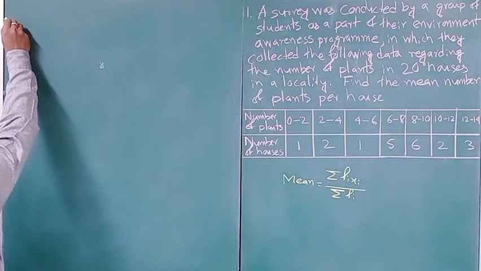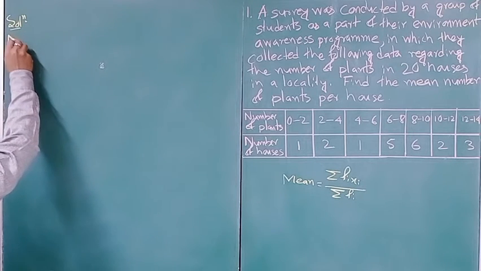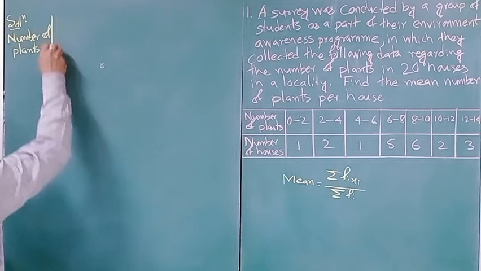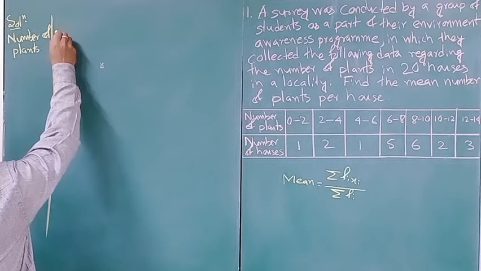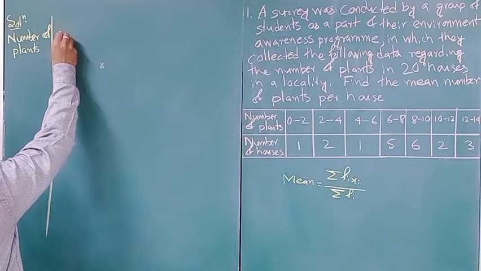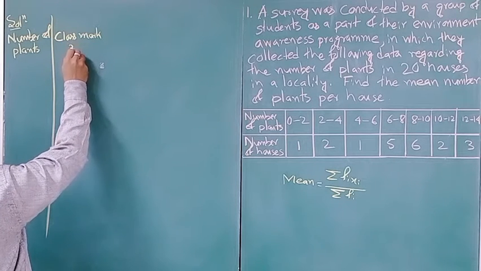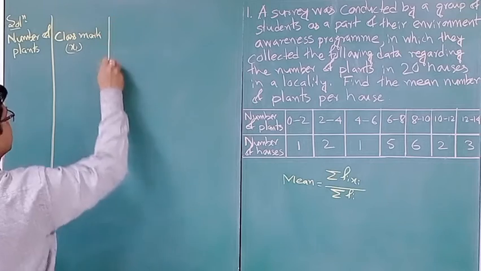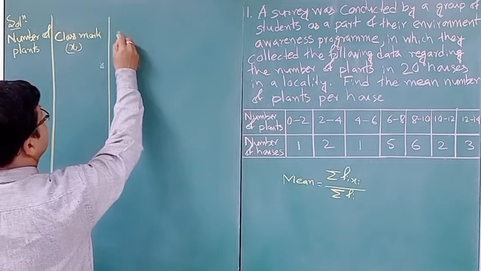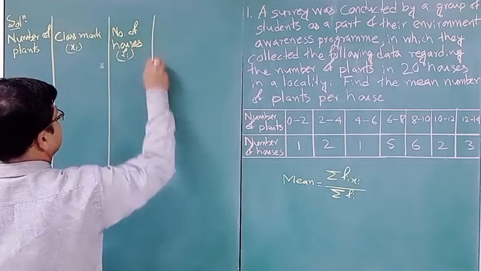At first, this is the solution. Number of plants, then xi, the class mark or mid value. Let us write class mark, this is denoted by xi. Then frequency, number of houses, this is denoted by fi.